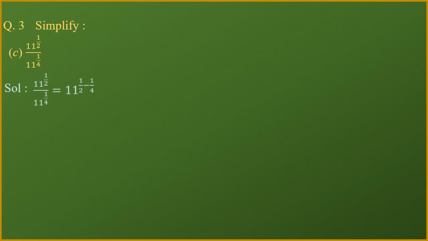So here from 1 by 2 I can subtract 1 by 4. Now the formula I am using here, a to the power m divided by a to the power n is equal to a to the power m minus n.